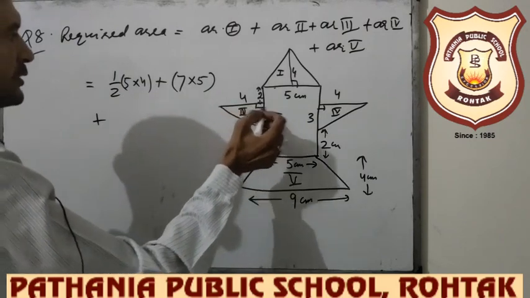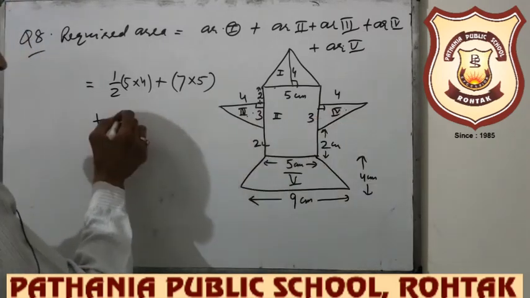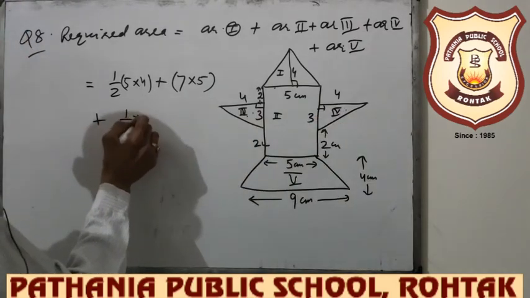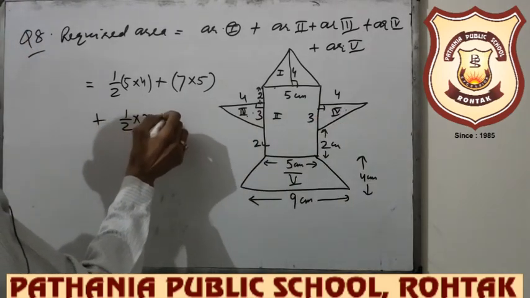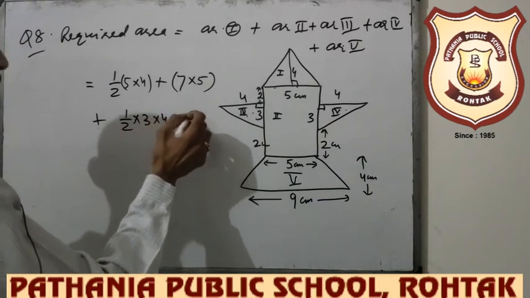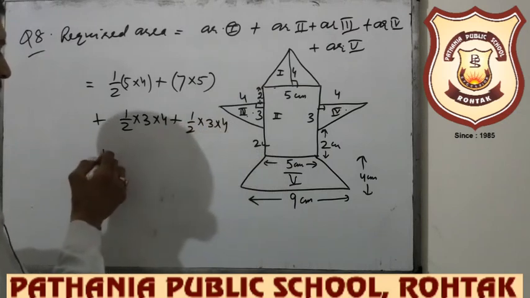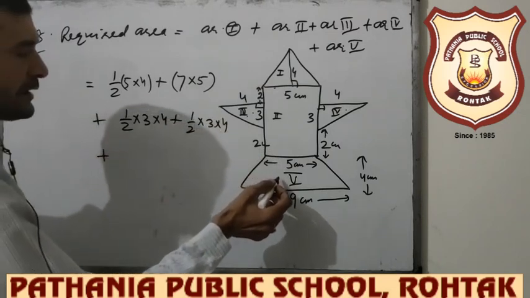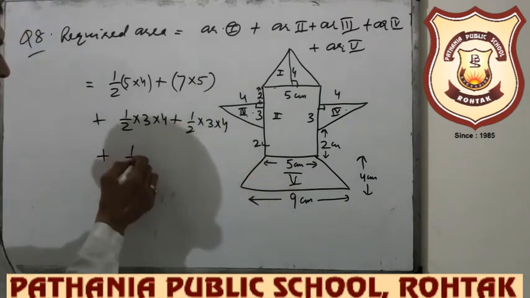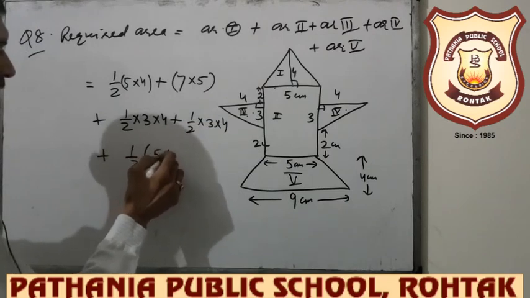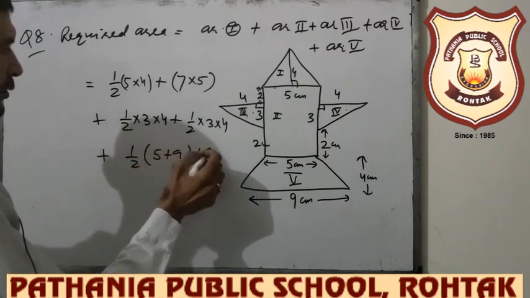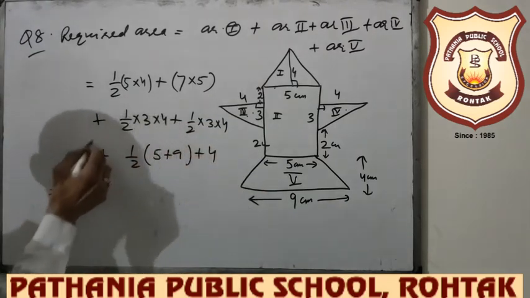Both are equal. Both wings are equal. So it is half into base into height plus area of fourth part is also half into base into height and plus area of part 5. It is a trapezium, half into sum of parallel sides into height.